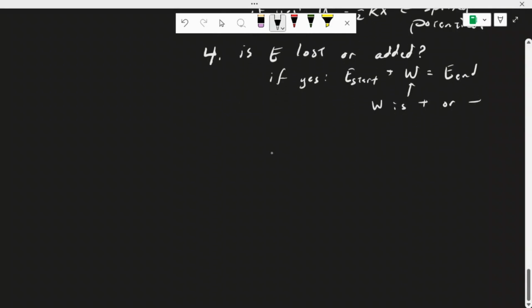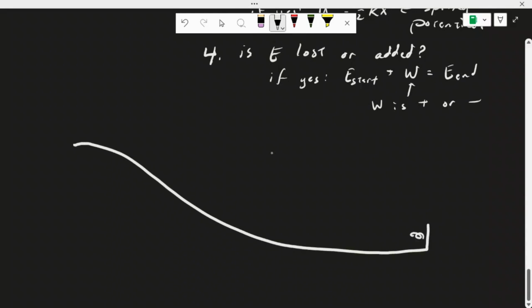Now let's look at a problem that we did earlier, and I'll show you exactly how I thought about this one. We have a block up here at some height. It's going to fall down this ramp and then hit this thing, and we're going to call this elastic.